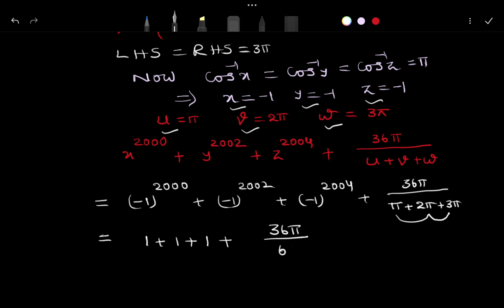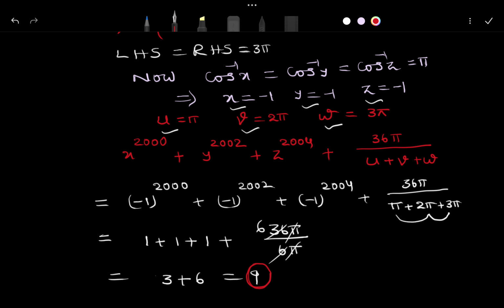Okay, now you simplify this one. This will be equal to 1 plus 1 plus 1 plus 36 pi divided by 6 pi. Now pi and pi will be cancelled, 6 goes into 36 six times, so it is 1 plus 1 plus 1 is 3, 3 plus 6 is equal to 9. So your answer is 9.